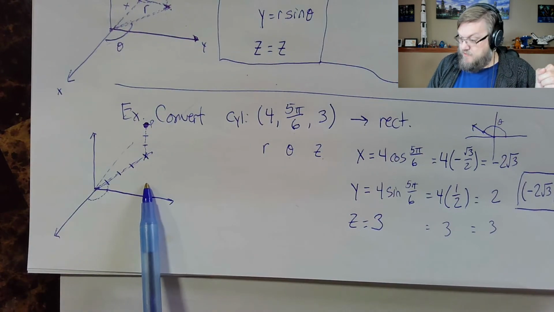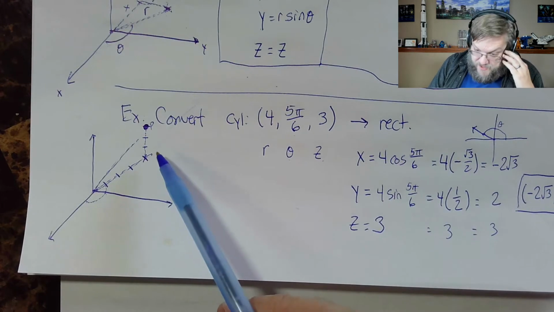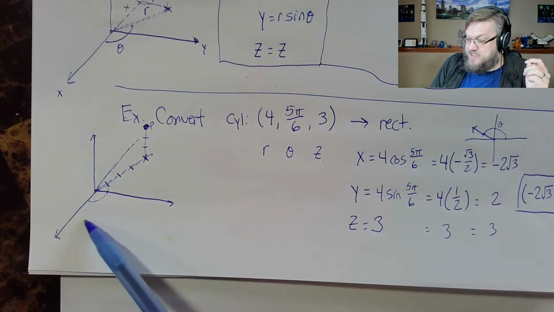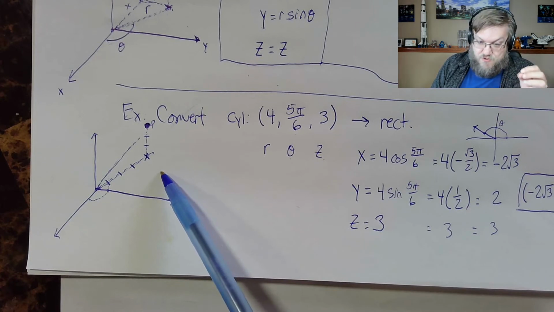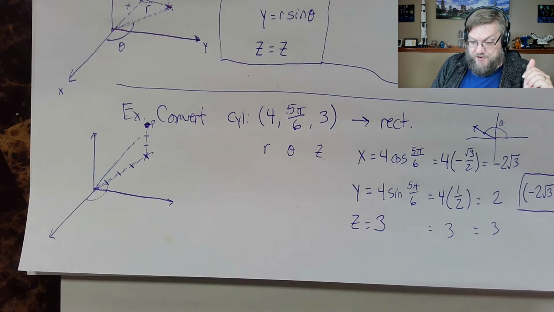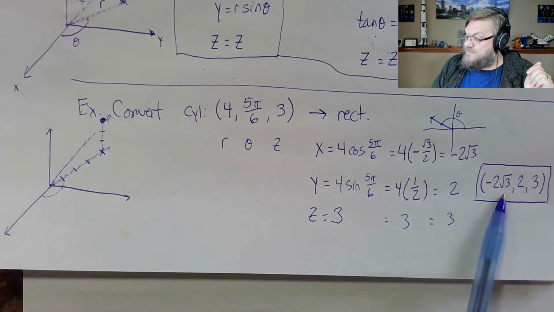Would you agree with that? That's how you would think about visualization. This helps you because notice that this point is above the second quadrant, and that's good to know, especially when we look at the other direction. Now check the answer that you got here. I got a negative x value.